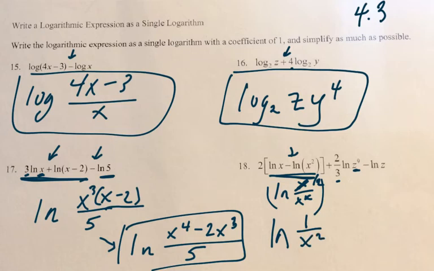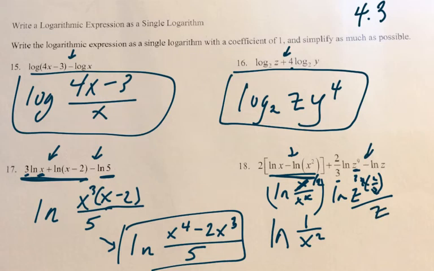The second piece right here is going to be the natural log of z to the 9 times 2/3 power. But that cancels out to give me z to the 6th. And then that's going to be divided by, because of this subtraction here, by z.